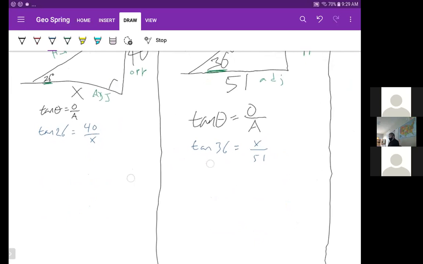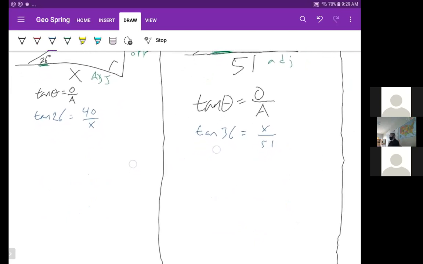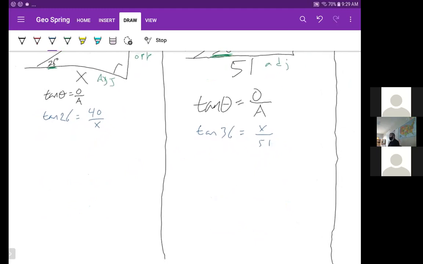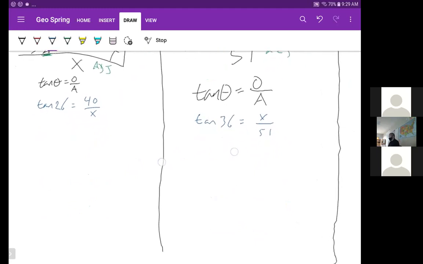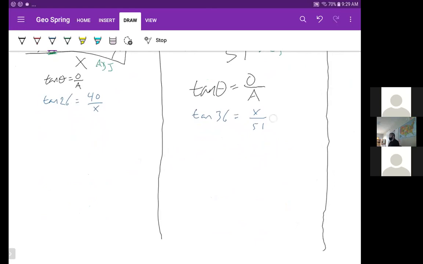I'm going to show you the quick way to do these, and then I'll show you the real way. When x is on the top, this one is the easier one. Let's do that. All you do is multiply by 51. So it's 51 tangent 36 equals x.